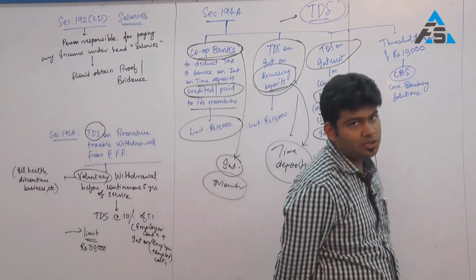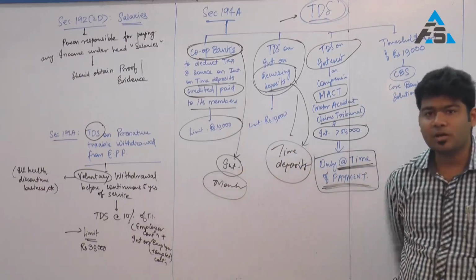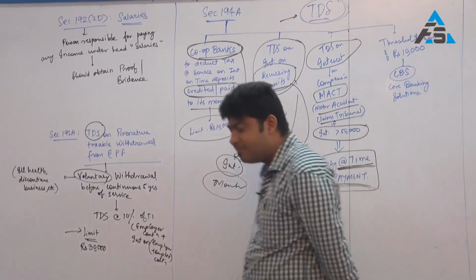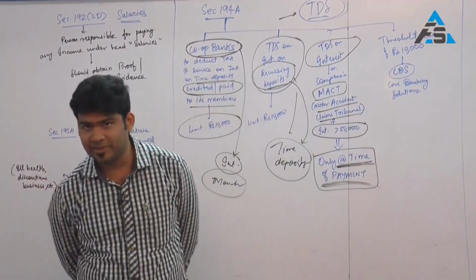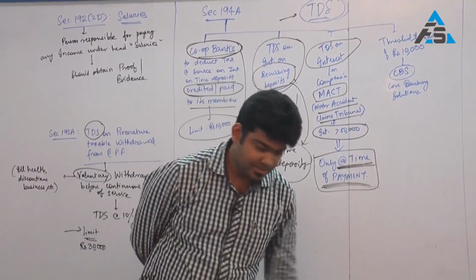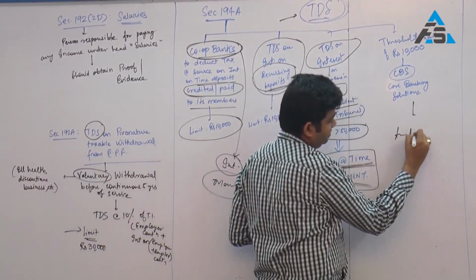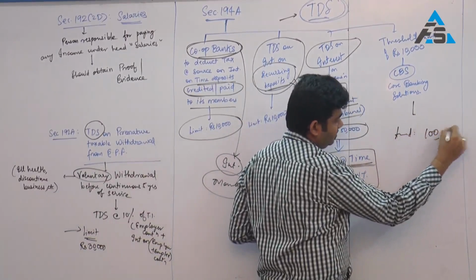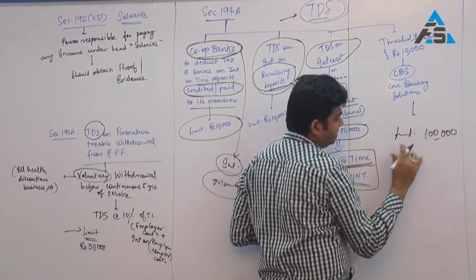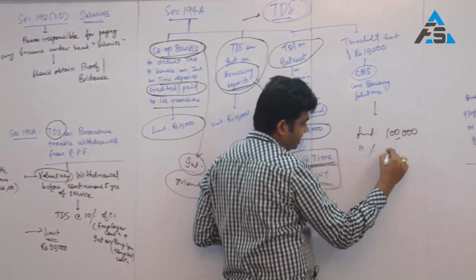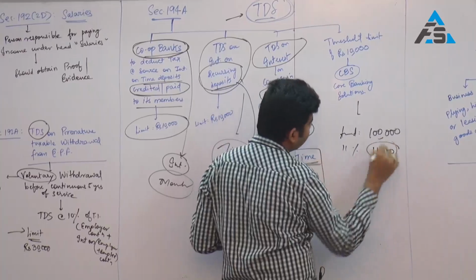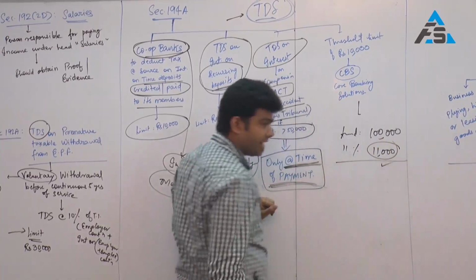Previously, every bank used to look at the interest payment at the branch level. So at the Andheri branch, if there is a deposit of say 1 lakh, and say 10%, 11% is the rate of interest, then 11,000 exceeding 10,000, we will deduct tax.